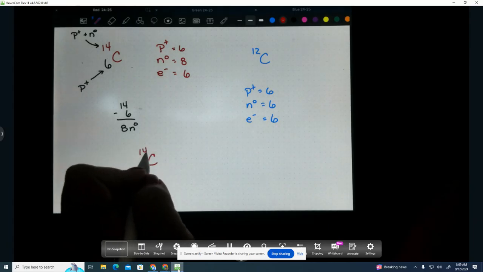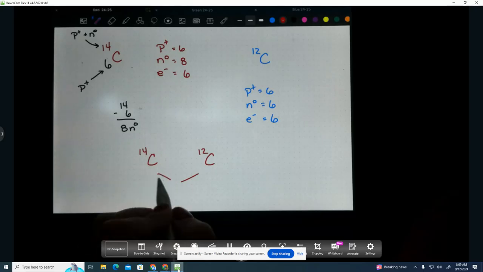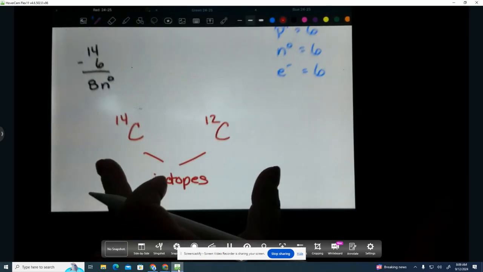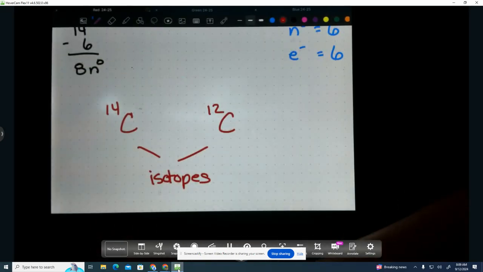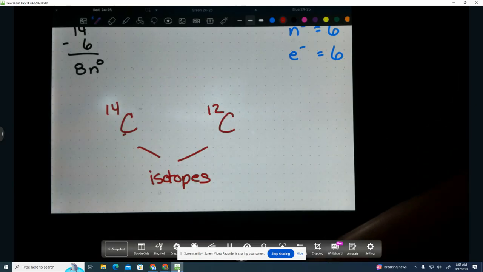Carbon 14 and carbon 12 are isotopes of each other. Our first I word of the year. There's a lot of I words. Isotopes. Come up with a definition of an isotope, knowing that these two are isotopes of each other. What do they have the same number of?